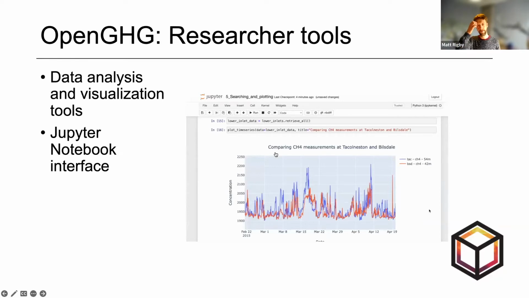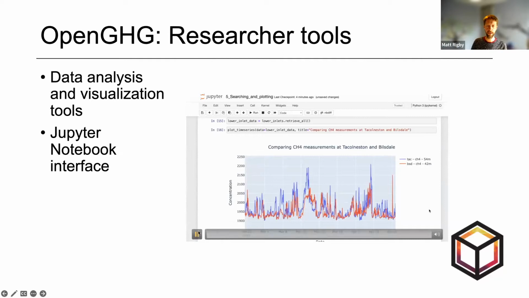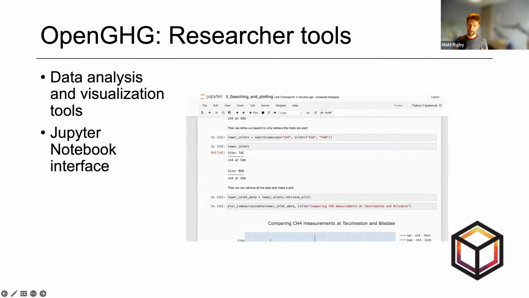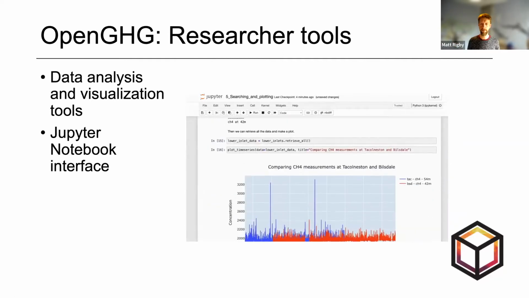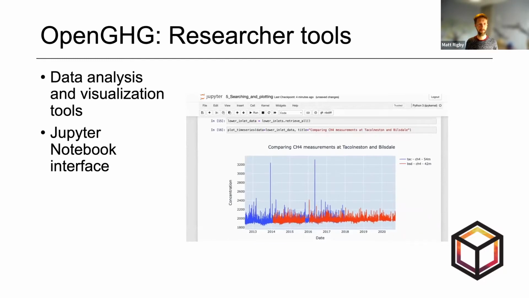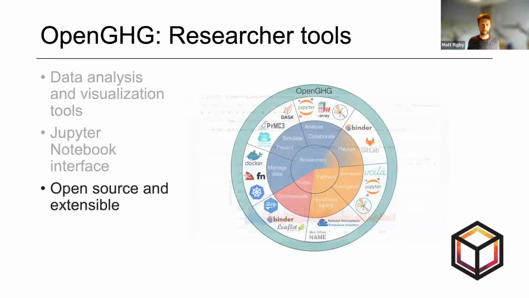So that's what's provided by Jupyter notebooks with the various different backends that Gareth was talking about, depending on the platform you're working on. So here, this is just showing a little workflow where a user is pulling down two different data sets and just quickly plotting them up against each other.